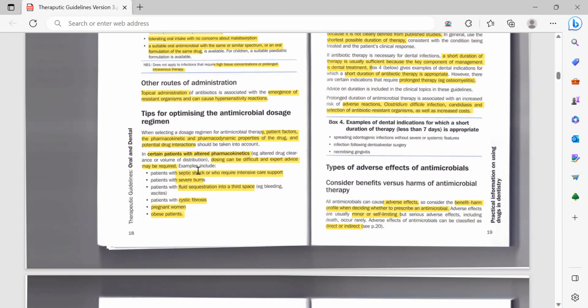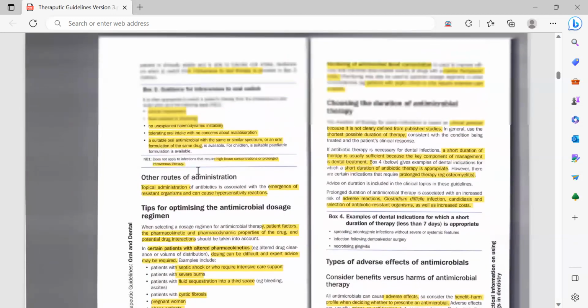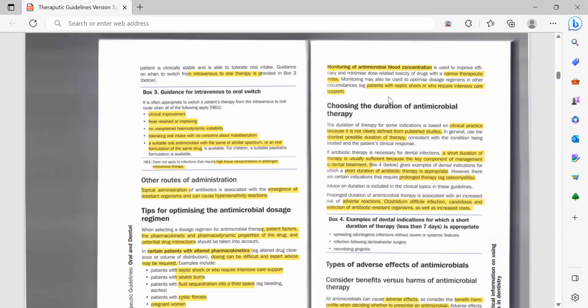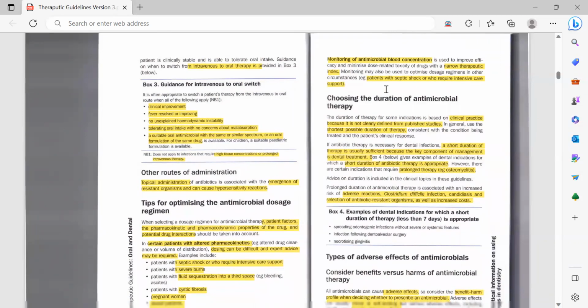For them, we may need to change the antibiotic doses, but this is not a very important topic for the exam. Okay, so monitoring of antimicrobial blood concentration is used to improve efficacy and minimize dose-related toxicity of drugs with a narrow therapeutic index. Monitoring may also be used to optimize dosage regimes in other circumstances.